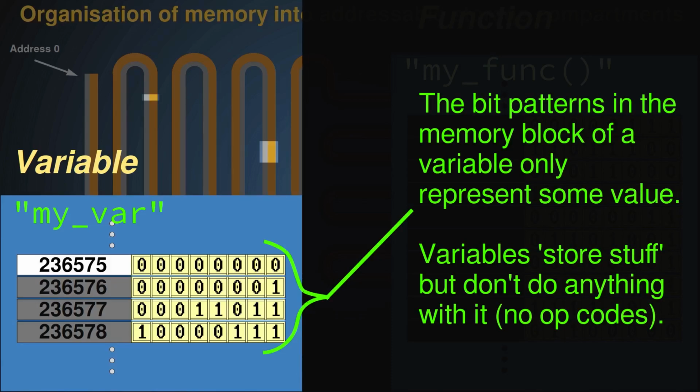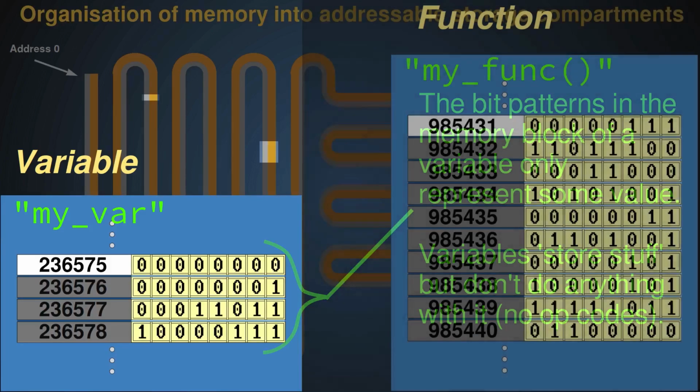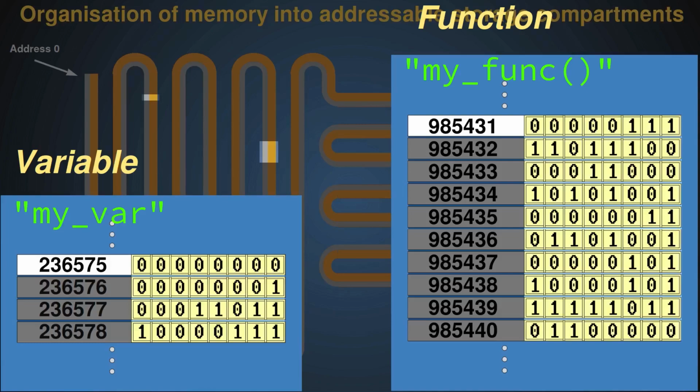These values may change as your program progresses, but the memory block of a variable only acts as a store for the value. Unlike a function, it does not contain any processing instructions for manipulating the value. It's important to emphasize that both functions and variables are simply blocks of memory that contain some bit pattern data and that have an address that defines the beginning of the memory block.